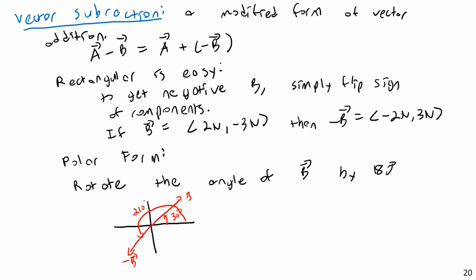You keep the magnitude the same, but rotate it 180 degrees, and then simply sum the negative b vector as you would otherwise.